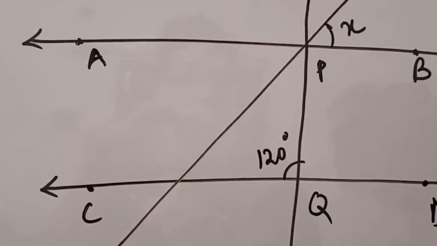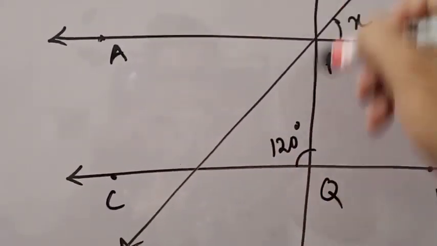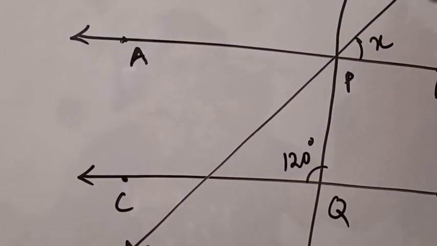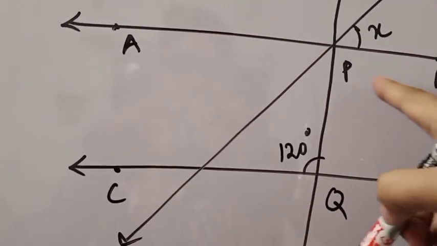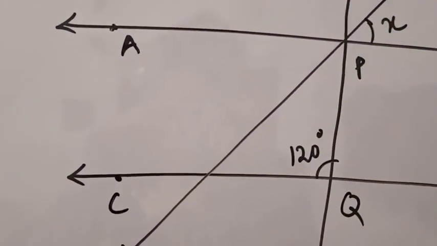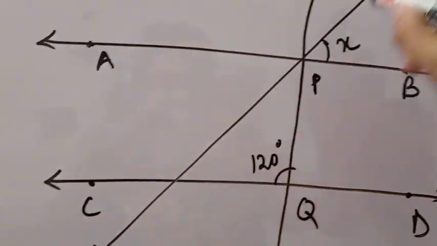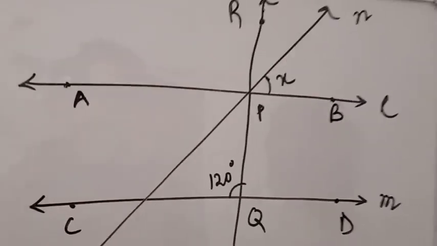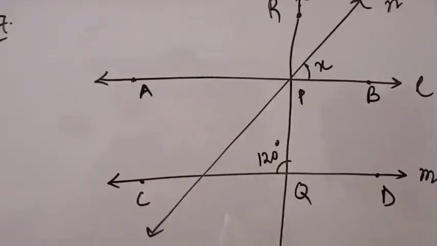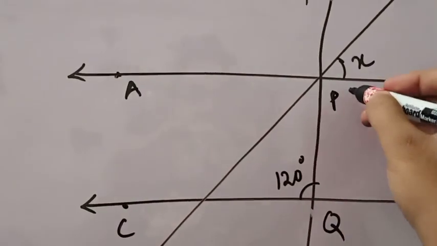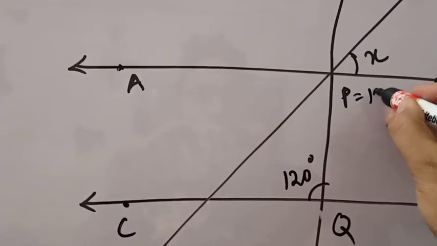So n is the bisector of this angle. So that means angle BPR is bisected by this n. So this is given 120. That means angle P equals 120.